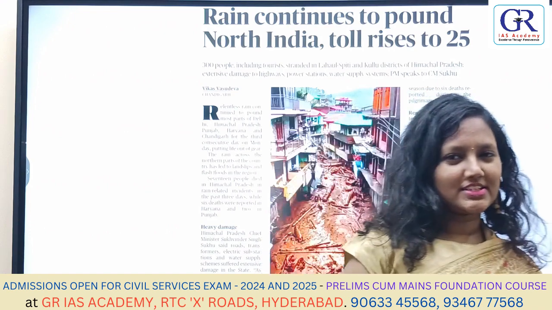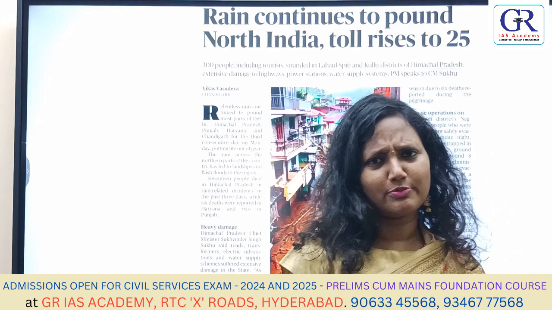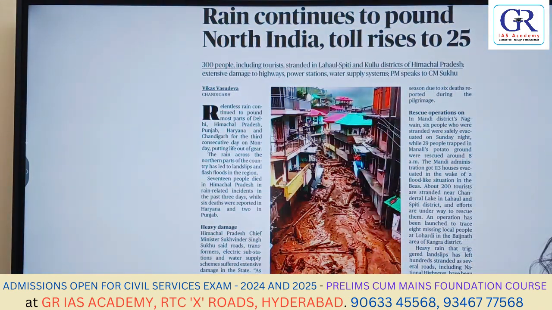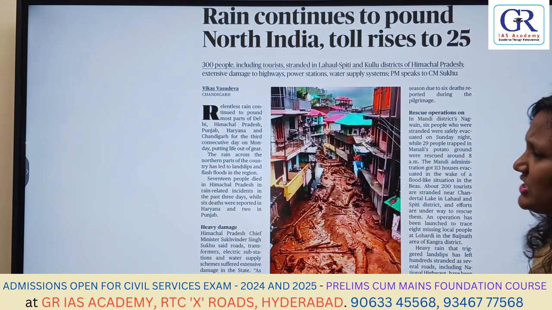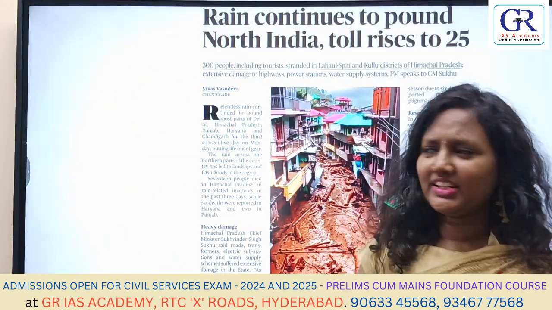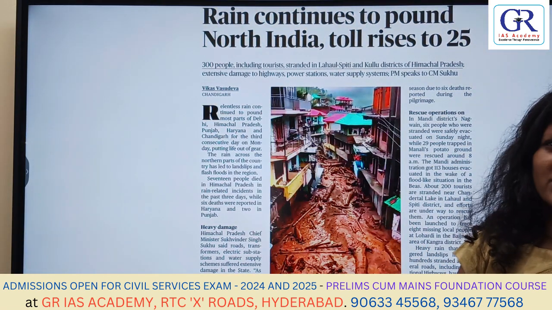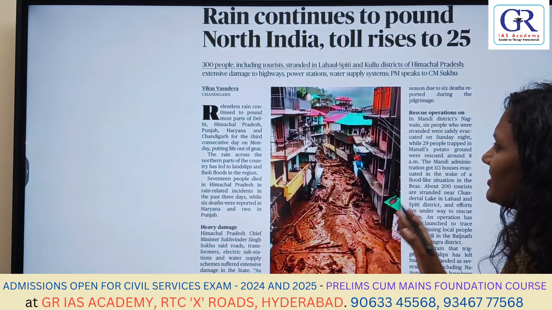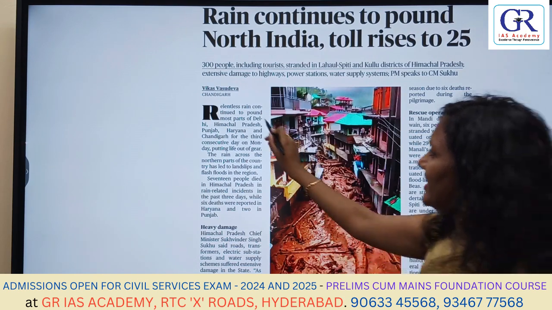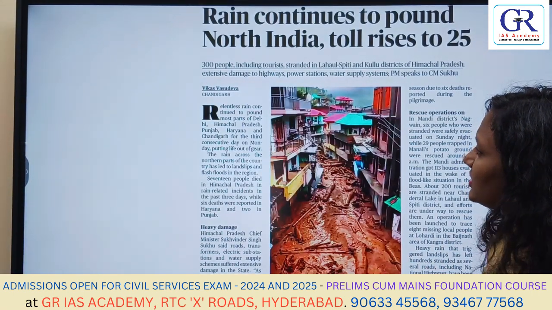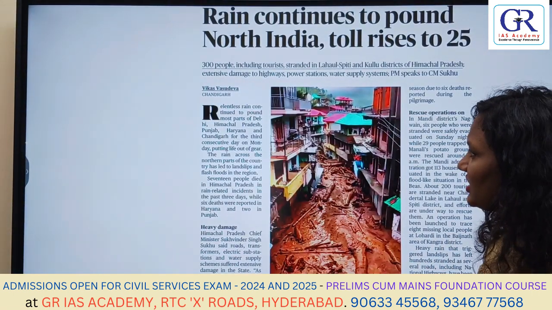So now let's discuss the first most important article from the Hindu newspaper itself. What is the article over here? "Rain continues to pound North India, toll rises to 25." I hope everyone knows this article. We can see in the news recently that there is so much rain in Delhi, Himachal Pradesh, Haryana, and Chandigarh also.